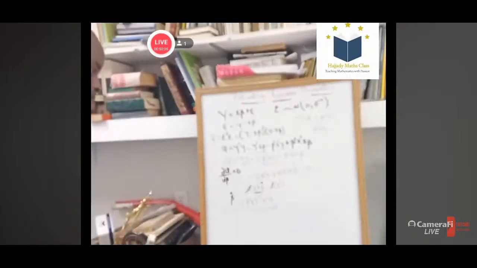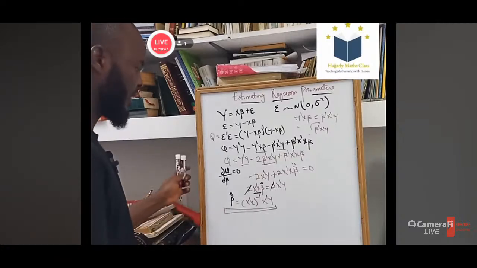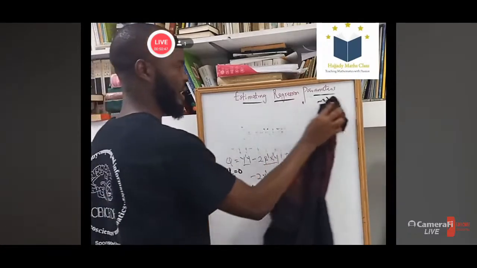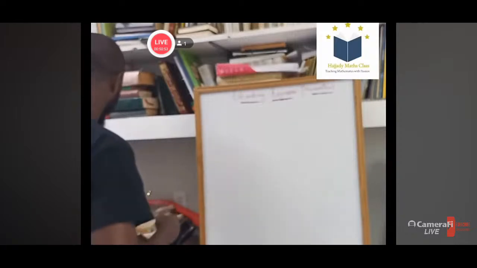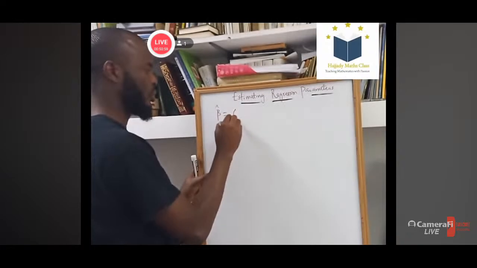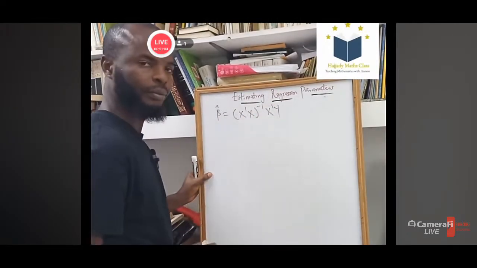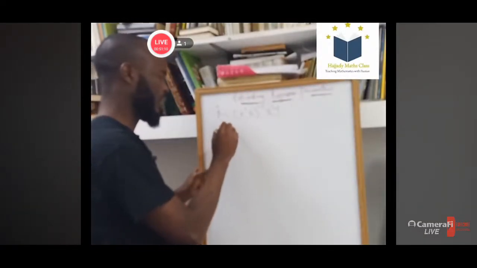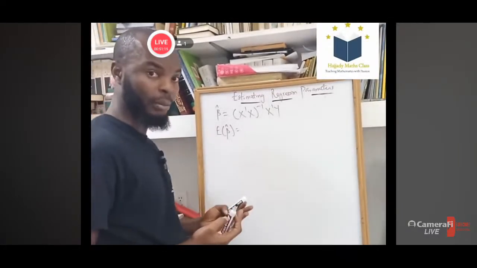Now we want to estimate. Part of what we're going to do here is that we know the value of beta to be this. So how do we get our expectation of beta and also the variance of beta? We have beta cap equals x prime x inverse x prime y. Here we want to find the expectation of our beta cap, and our objective is to show that it is an unbiased estimate.